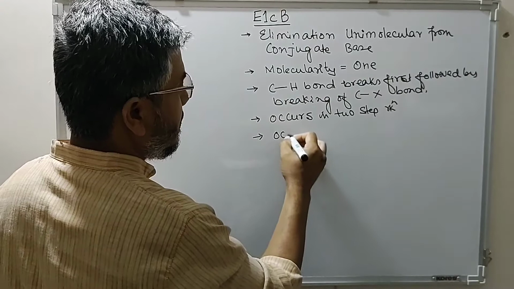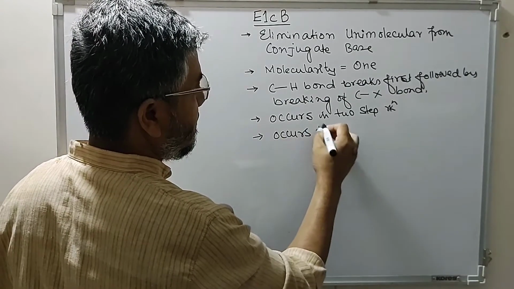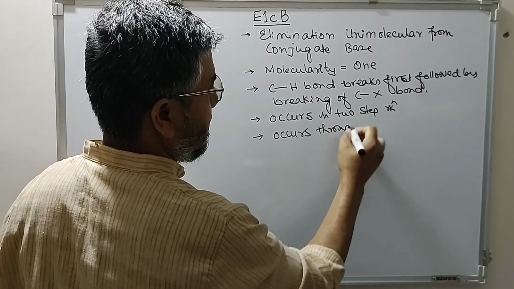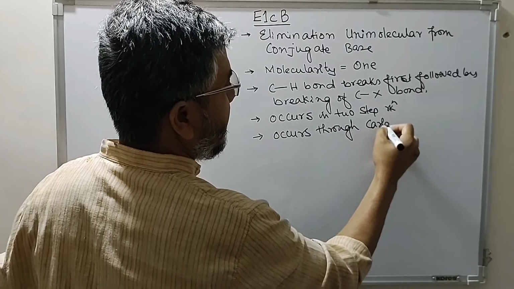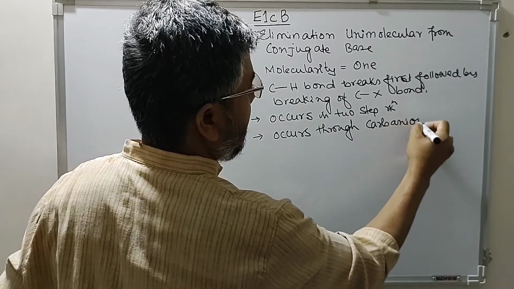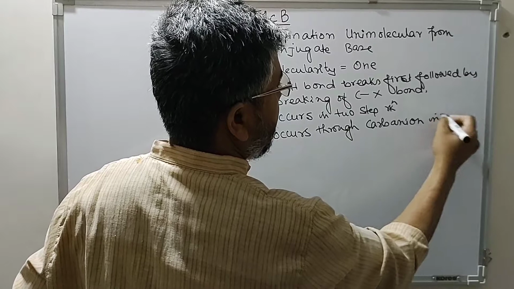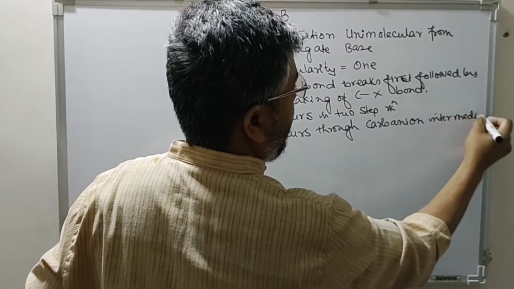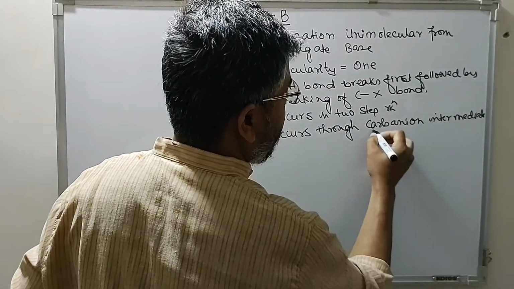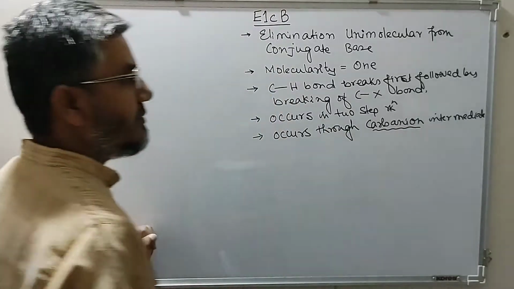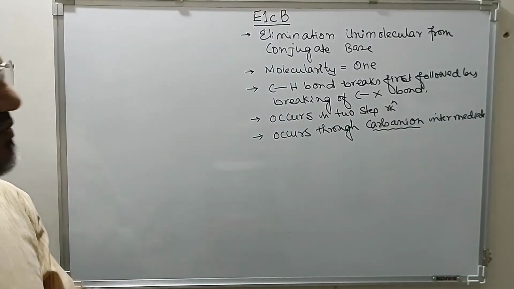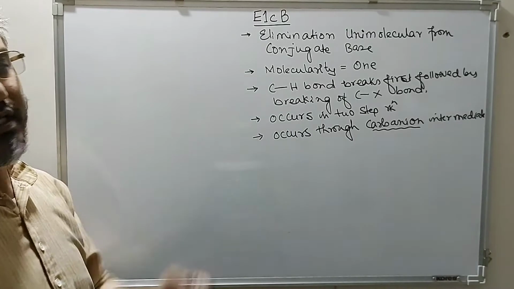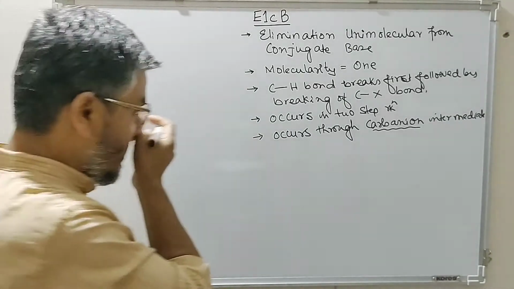The reaction occurs through carbanion intermediate. So in this reaction there is a formation of carbanion intermediate. So intermediate formation is a very important step for this E1cB mechanism.